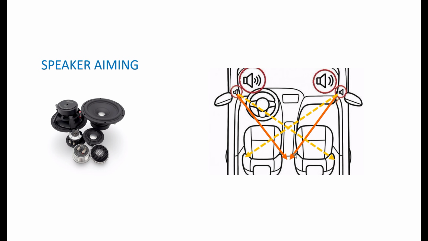Now, it's very common for people to aim the tweeters at the opposite B pillars, so this yellow dotted line. So the driver's side is aimed at the passenger B pillar, and the passenger one is aimed at the driver's B pillar, right? And the difference is, for the driver, this one's now on axis, or more on axis, and this one's now off 60 degrees. And the same for the passenger: this one's more on axis and this one's less on axis.